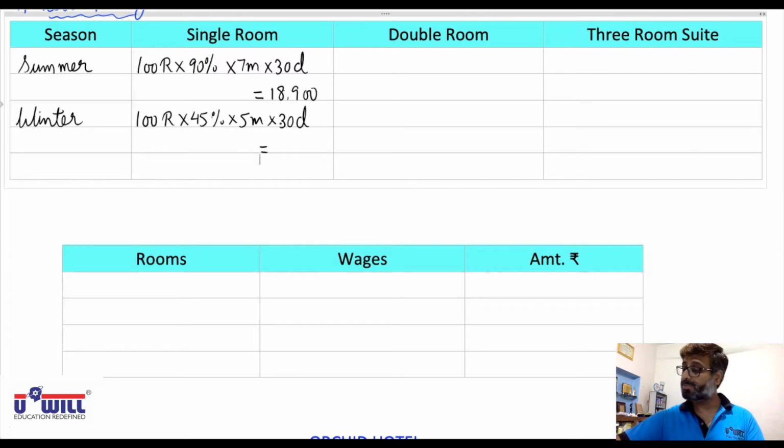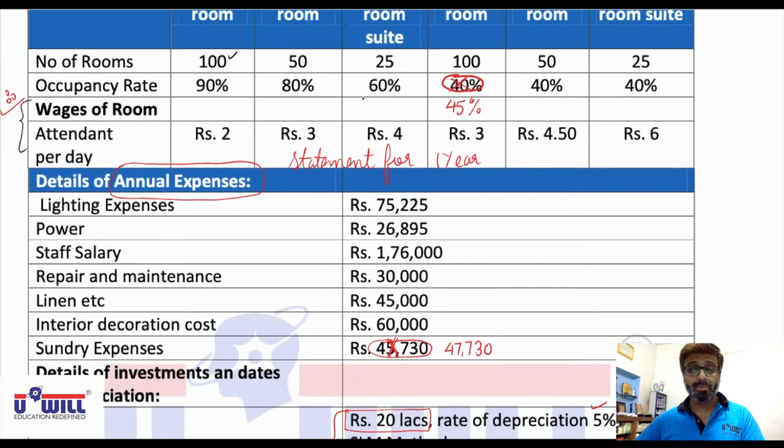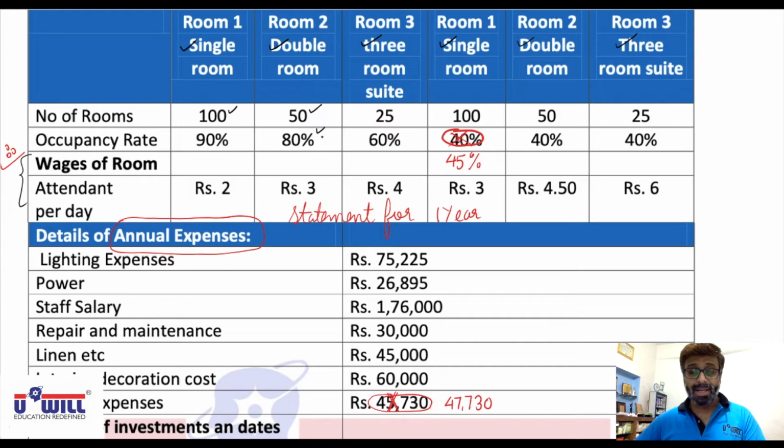So that comes to 6,750. Total occupancy means total rooms going on rent in the whole year, single room. 18 plus 6, 24. So 25,650.